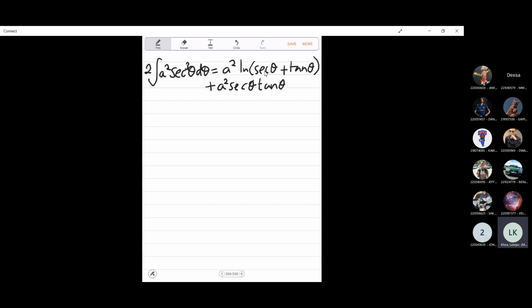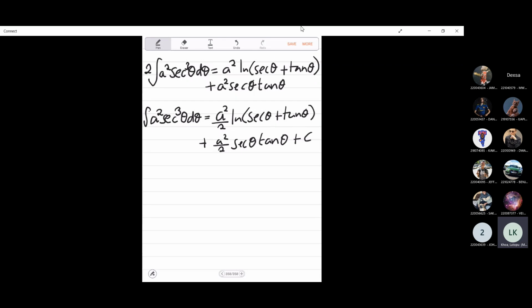So we have the integral of a squared sec cubed theta d theta. This is a squared over 2 ln of sec theta plus tan theta plus a squared over 2 sec theta tan theta, and then we add a constant of integration there.